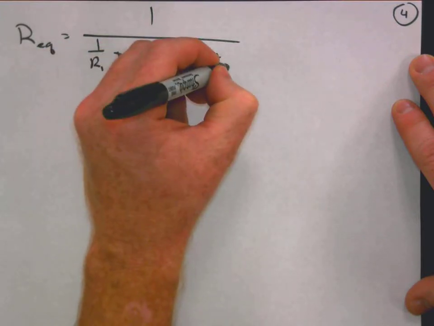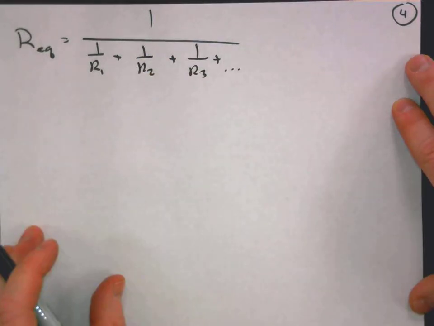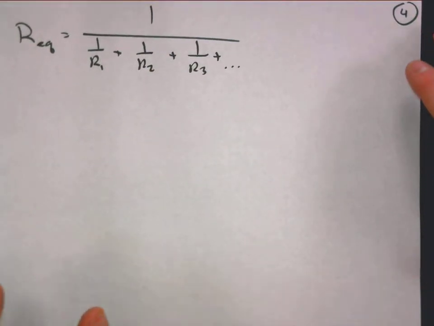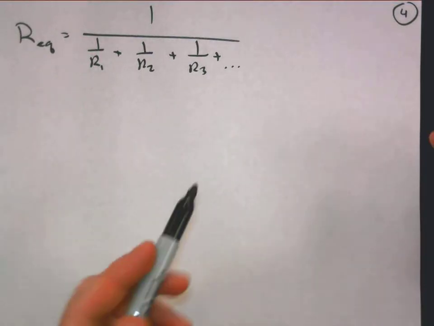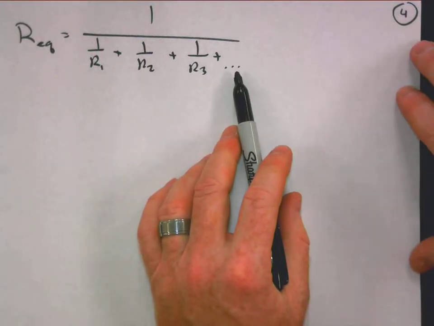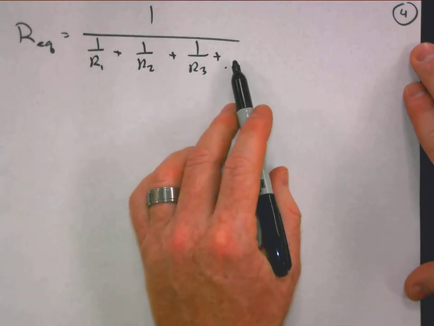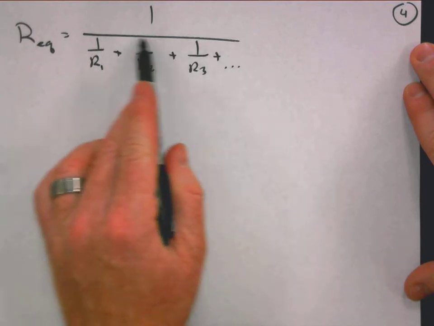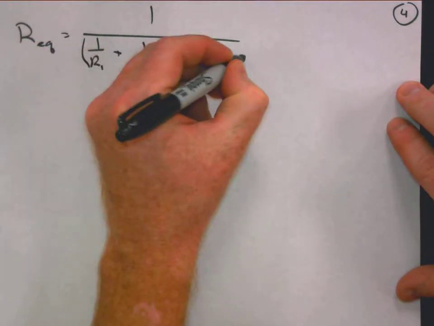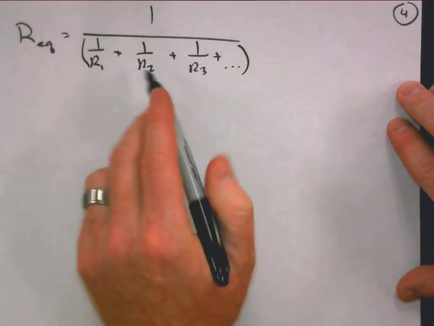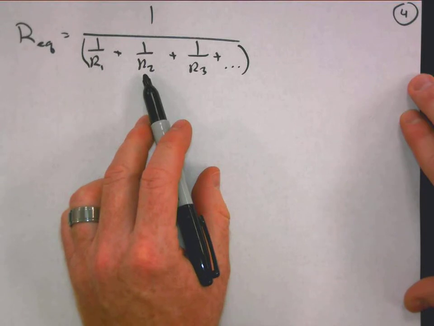I'll do the plus dot dot dot just in case. So what happens if you add another resistor in parallel? Let's say we added an R4. Then what we're doing is we're making the denominator of this fraction larger. If we add an R4, then everything here in parentheses gets larger. That's the denominator. And that means the overall value gets smaller.